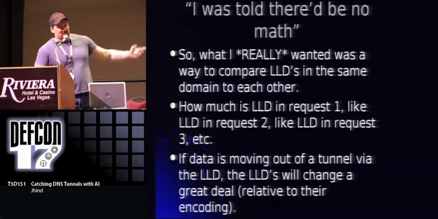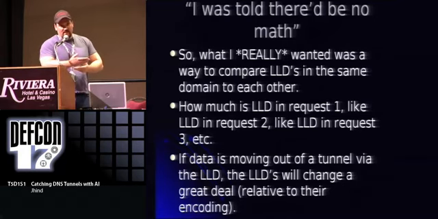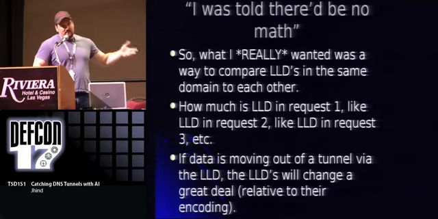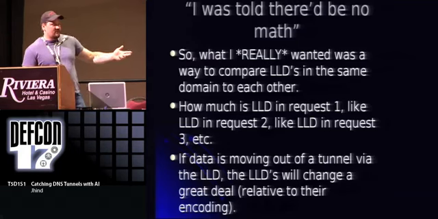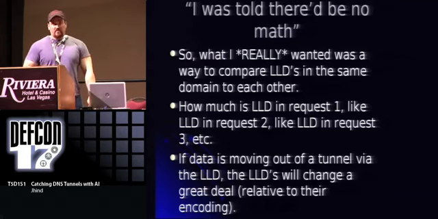So how much is the first request like the second request, like the third request? I think that's what your brain is doing when you immediately look at that and make a decision. And if data is moving via a DNS tunnel, you should see the LLDs change a great deal. There should be a great deal of change between request to request.